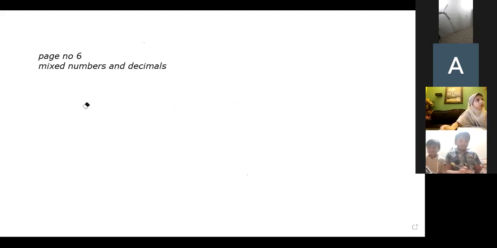So I have a mixed number that is 5, 1 by 10. In a mixed number, we have 5 in the mixed position, and in the fraction, we have 1 by 10. So how are we going to convert this mixed number into a decimal?